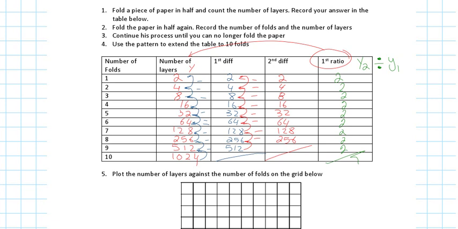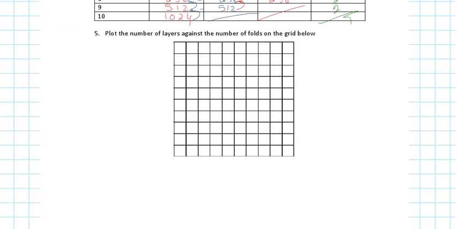If I graph this, obviously I'm not going to be able to fit all my numbers, because I'm going to get to 1,024. But what I can do is go up by 100. Instead of going up by 10 or 2 or 4, if I go up by 100, that's going to be tough, but let's try it. 100, 200, 300, 400, 500, 600, 700, 800, 900, and 1,000.